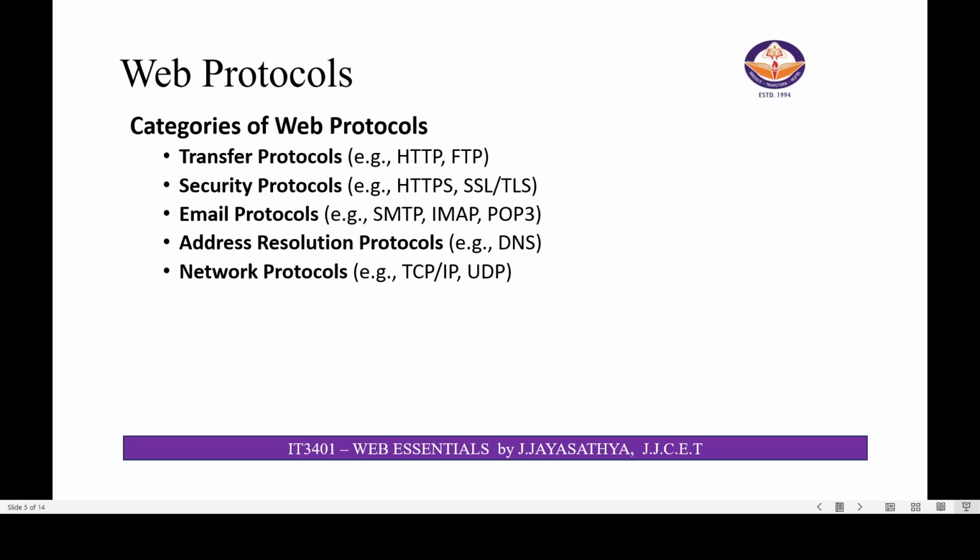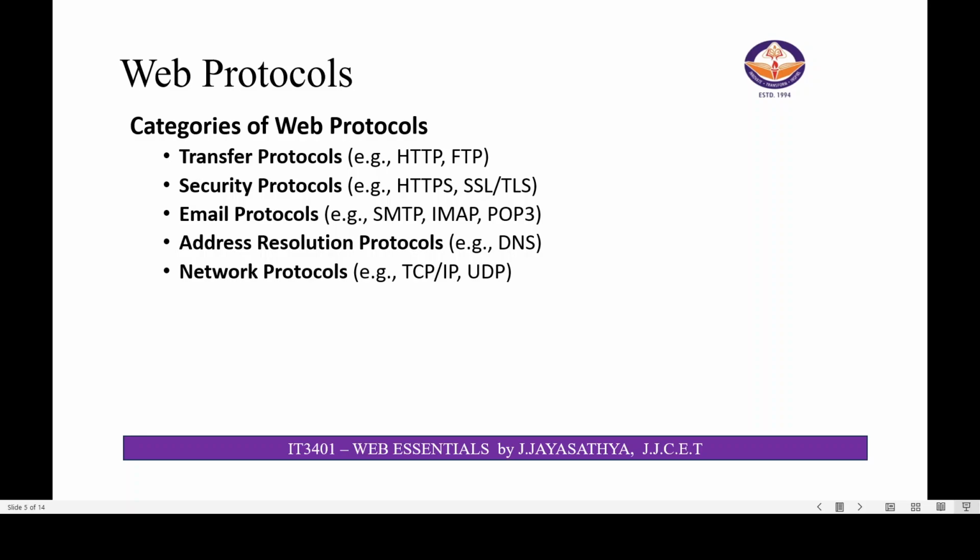And the third one is email protocols. This is only for the sending and receiving of mails. This is achieved by the protocols named SMTP, IMAP and POP3. These three protocols are only used for sending and receiving the mails. And also the fourth one is address resolution protocols. Example, DNS, domain name system.